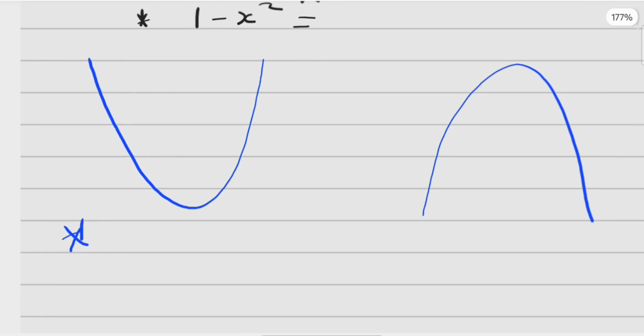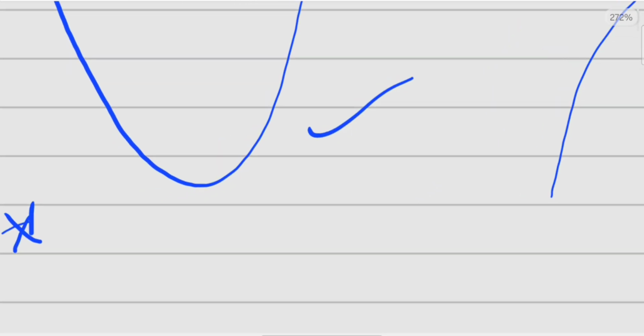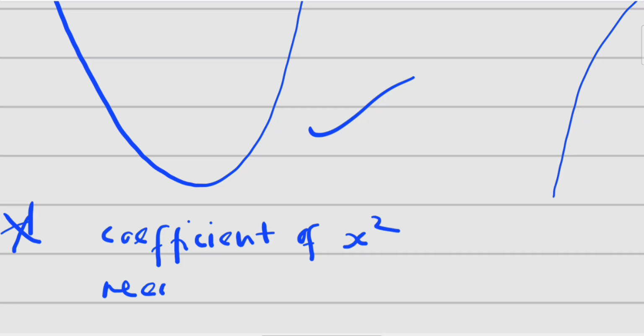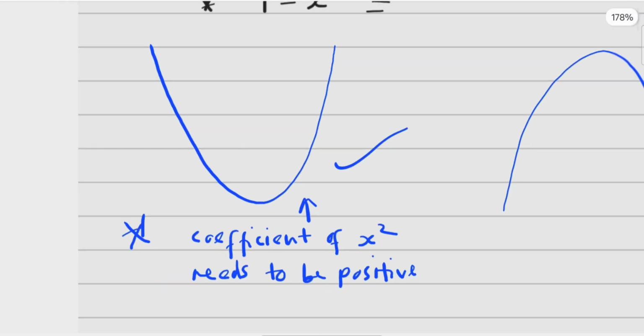So for this shape, we need the coefficient of x squared to be positive for us to get this kind of shape, right?